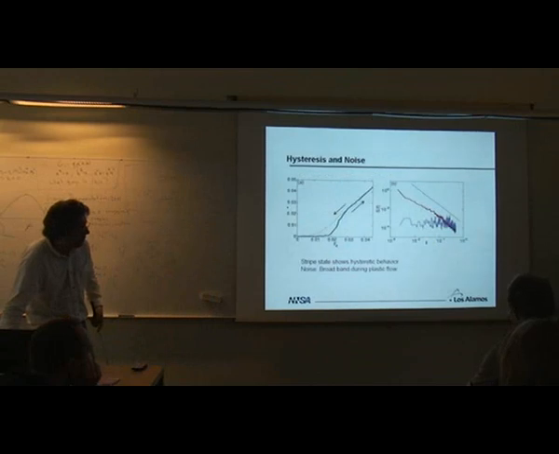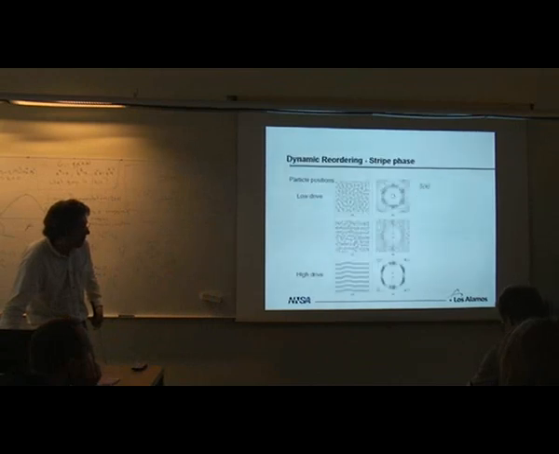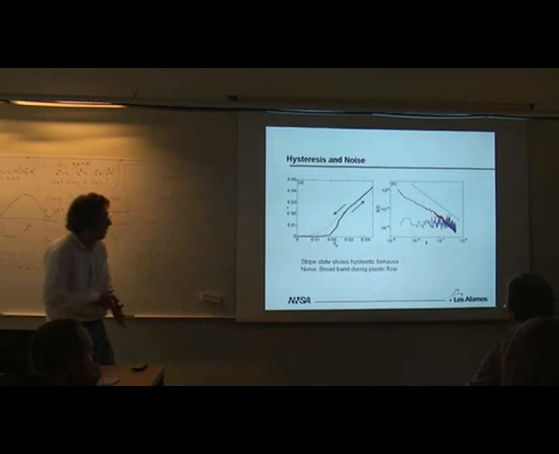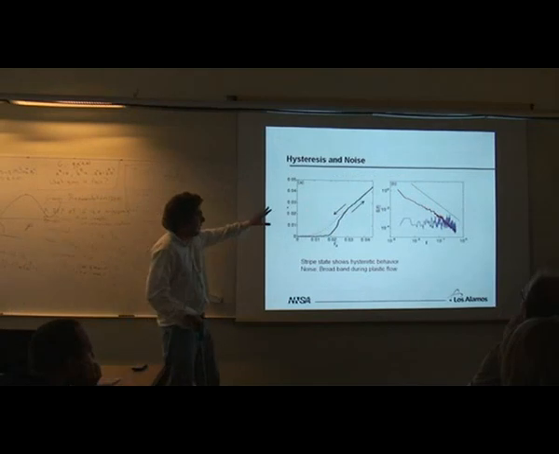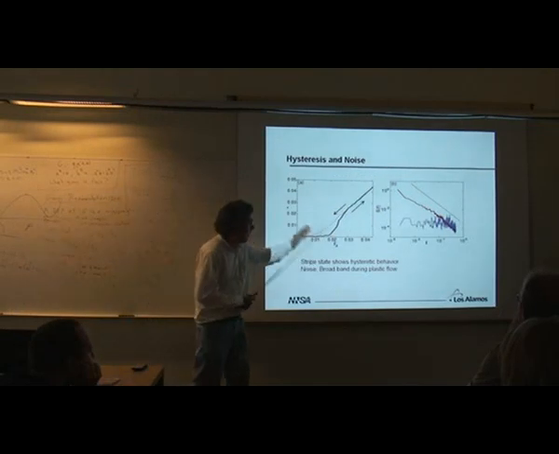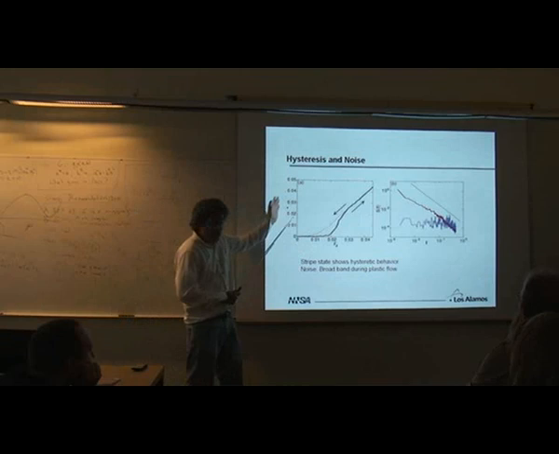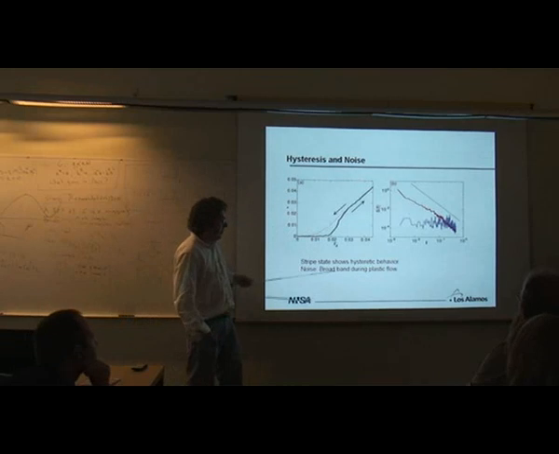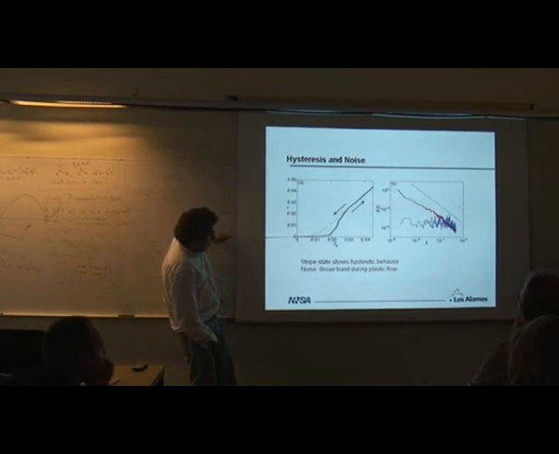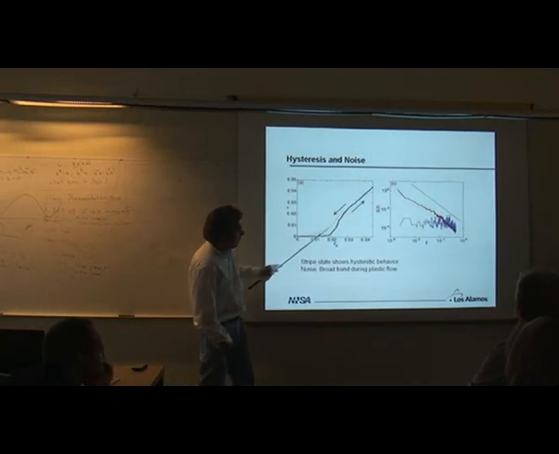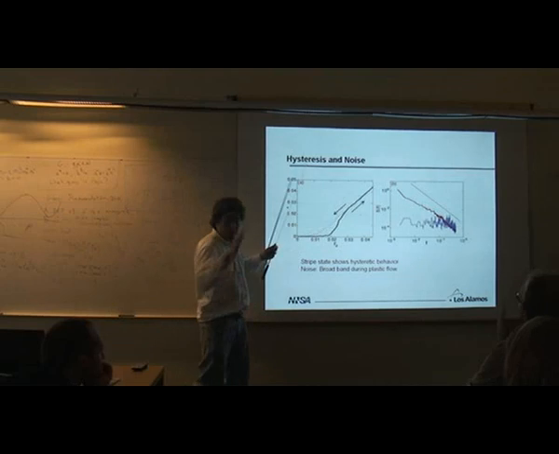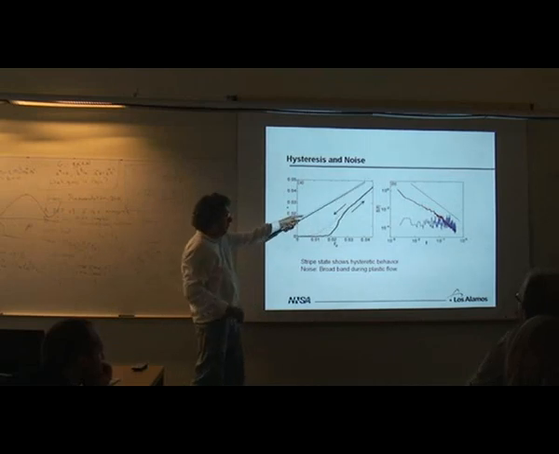Another thing that these stripe systems, or these pattern-forming systems, do, if you look at the transport, is they generally have lots of hysteresis. So this is an external drive, this is the average velocity of the particles, and this is in the stripe phase. It's pinned at first, and then becomes unpinned, and eventually goes to the high-driven phase, where they form the stripes again.